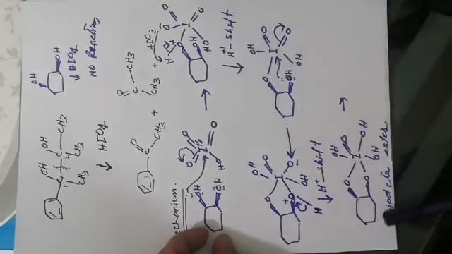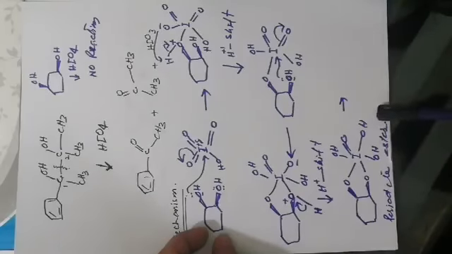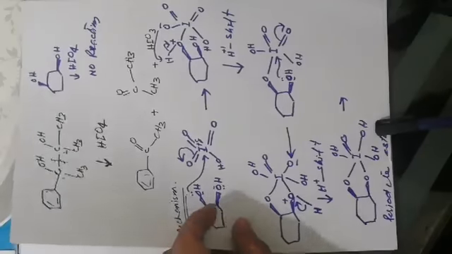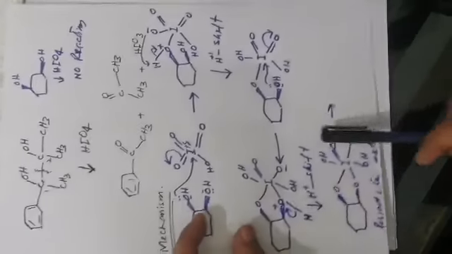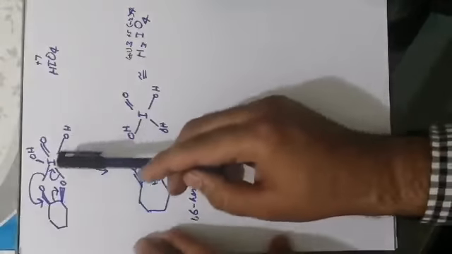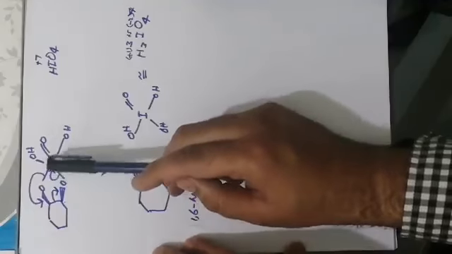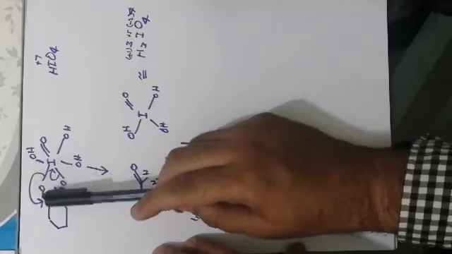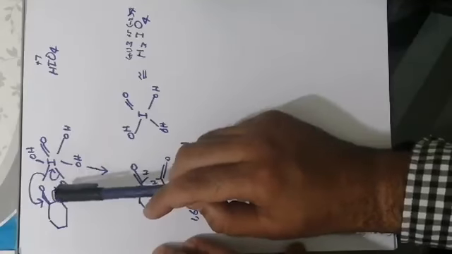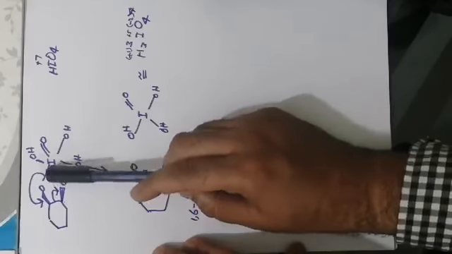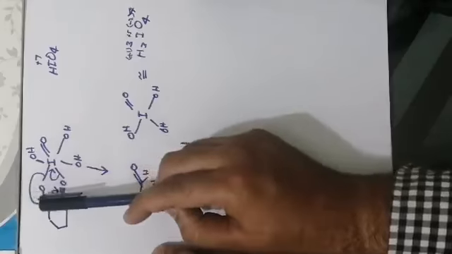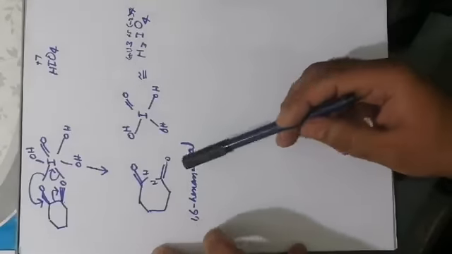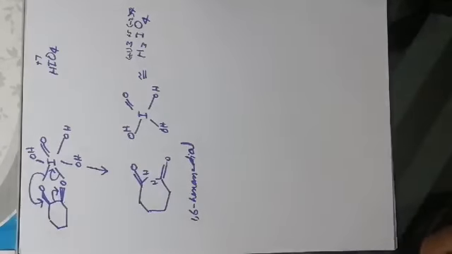So in the first step you get this periodate ester, and then this periodate ester, this cyclic structure, ruptures. How? By cleaving the carbon-carbon single bond. This bond moves here, and this bond moves here, and this bond moves over here. So you get the dicarbonyl compound.